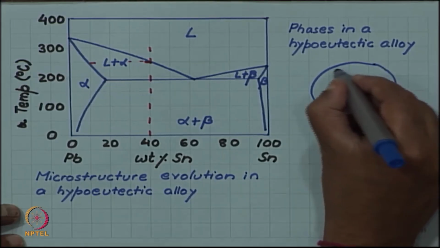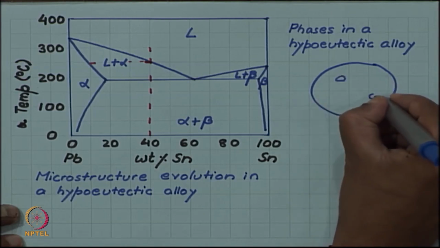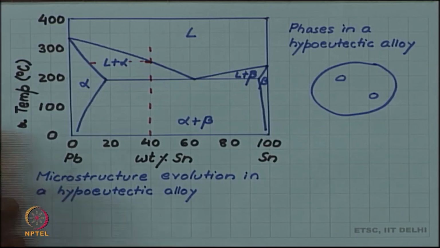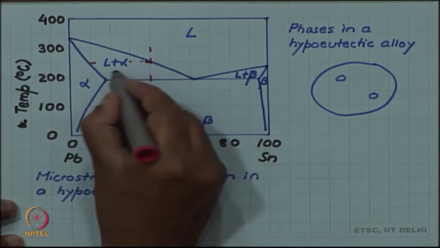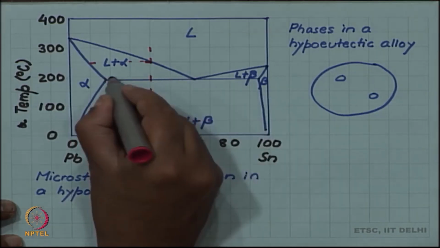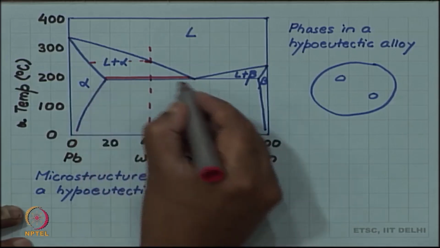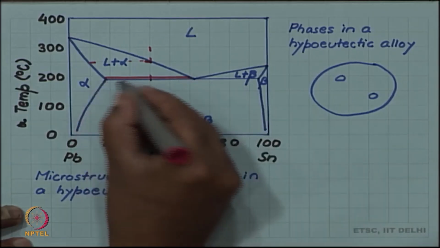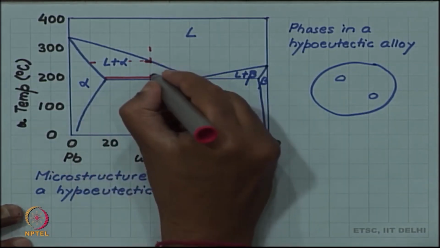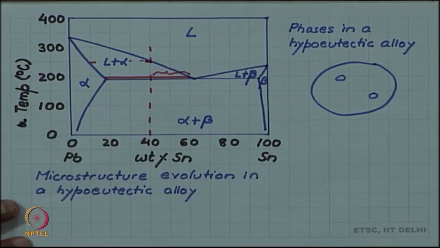You had liquid and just some alpha started to form, and as you lower the temperature, more alpha will form, and you can see that the maximum amount of alpha will be just above the eutectic temperature. So, at a temperature just above the eutectic, where I have drawn this red tie line, you will have the maximum amount of alpha forming.